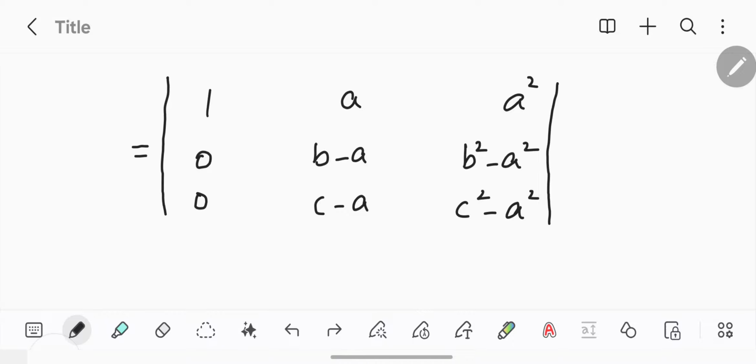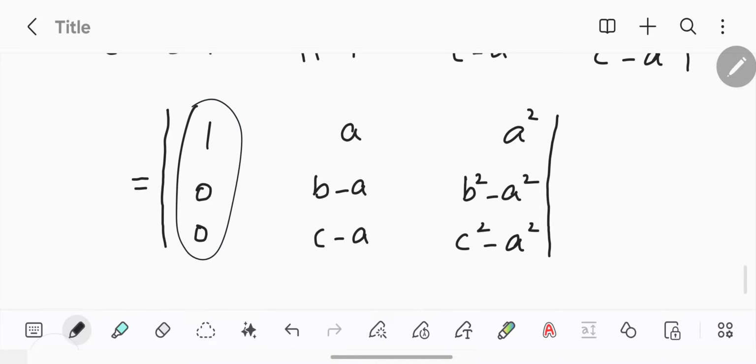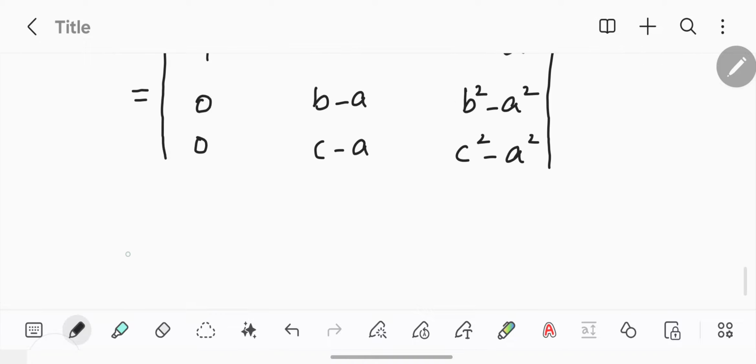Now if I expand this determinant along this column, I told you previously that you can expand the determinant along any row or any column. Suppose I expand this determinant along the first column.